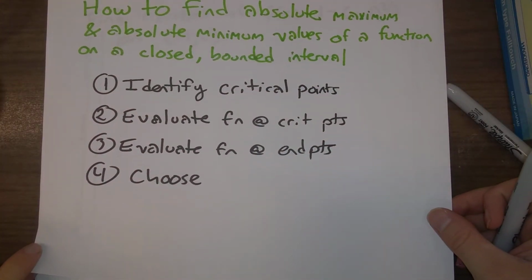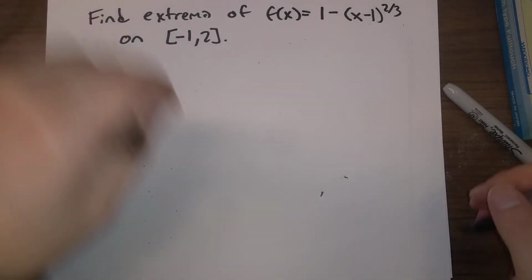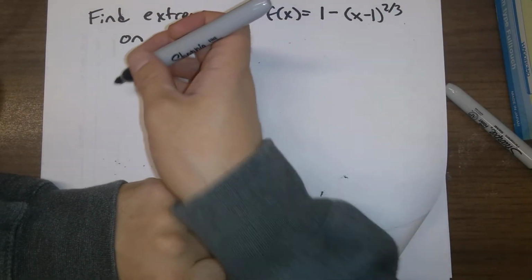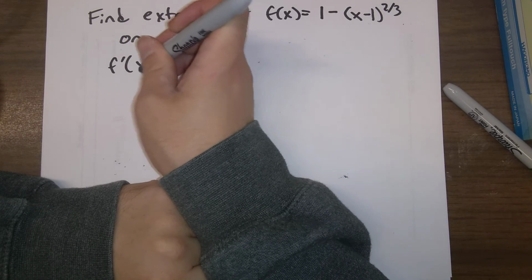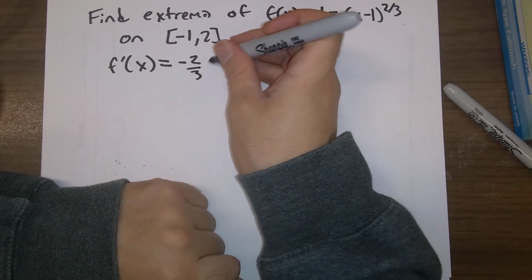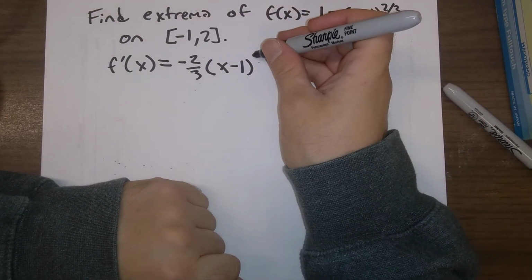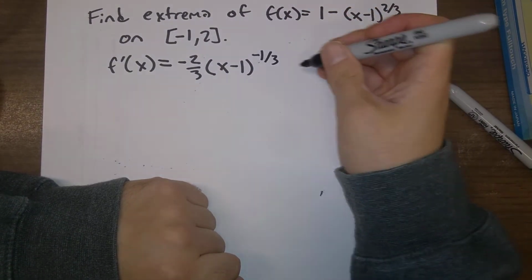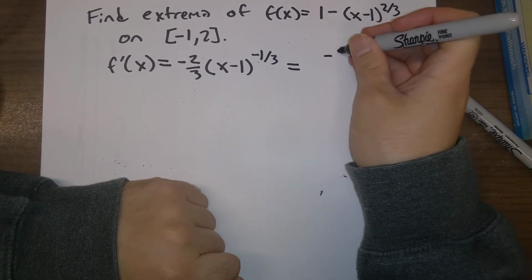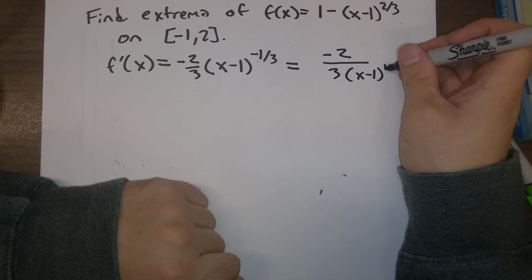So as before, our first job is to identify the critical points. To do that, we have to take the derivative. f'(x) is equal to -2/3 times (x - 1) to the 2/3 minus 1, which is the -1/3 power. We could rearrange this as -2 over 3 times the cube root of (x - 1).